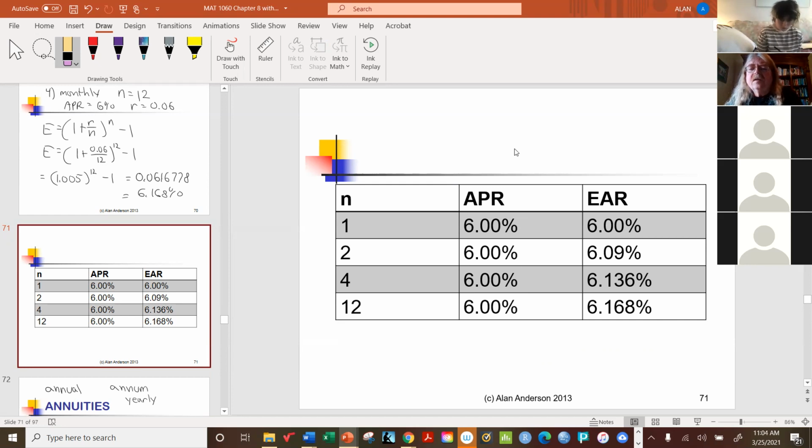What they're going to tell us in the video is that while the banks will typically show us both of these rates, when you hear ads on TV, let's say for auto loans or something along those lines, what they may do is give you the APR, and you have to understand that the EAR is likely to be higher than that. So you just have to be careful when you decide whether to borrow or lend money to make sure you know both the APR and the EAR, because otherwise you could end up making some serious mistakes with your money.